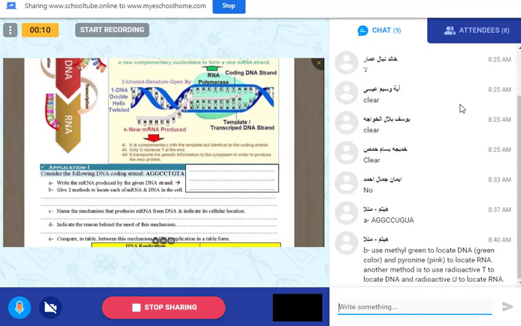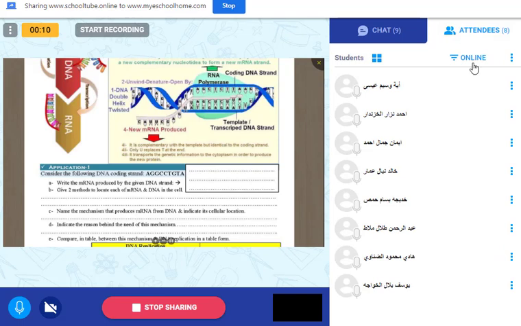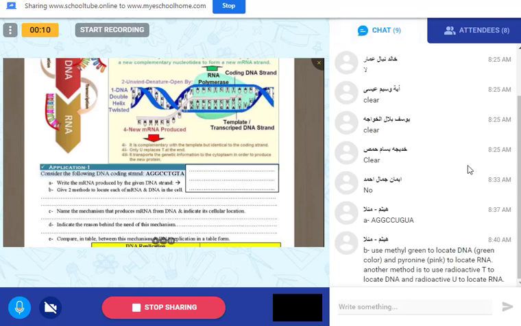One of the ways to identify the location is by using radioactive labels. T is found only in DNA, that's why I can use radioactive T. And radioactive U is used to locate the messenger RNA, or RNA in general. Okay, very good.